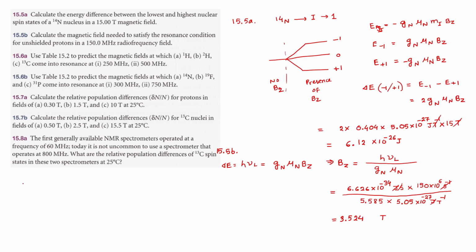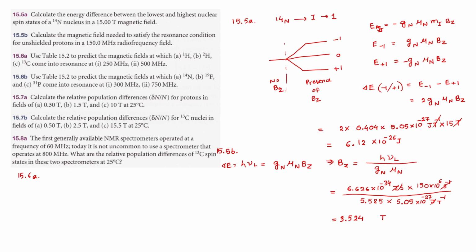So let us go to 15.6a. Use Table 15.2 to predict the magnetic field at which 1H, 2H (the deuterium), and 13C come into resonance at 250 megahertz and 500 megahertz.